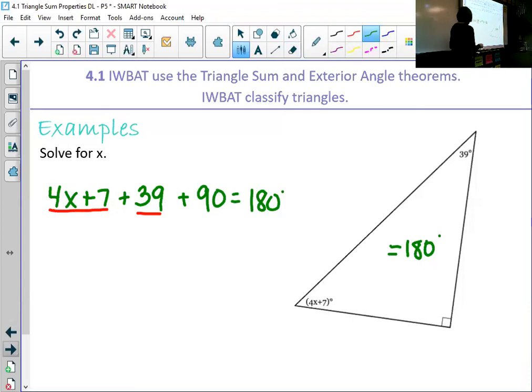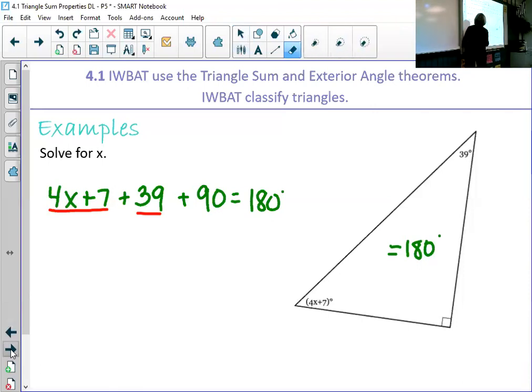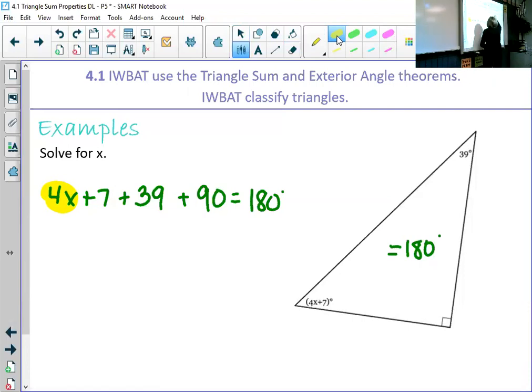And then we can simplify by combining like terms. So I have, let's do this. I only have one x term on the left, and I have all of those that are like terms.